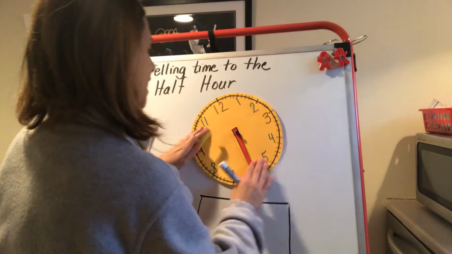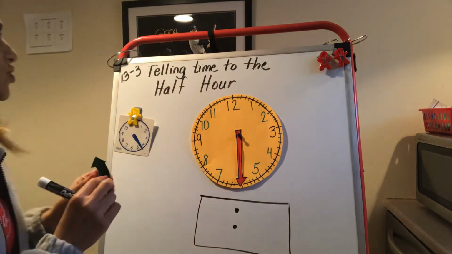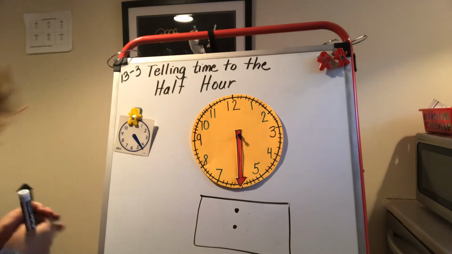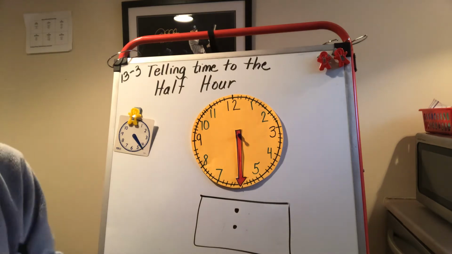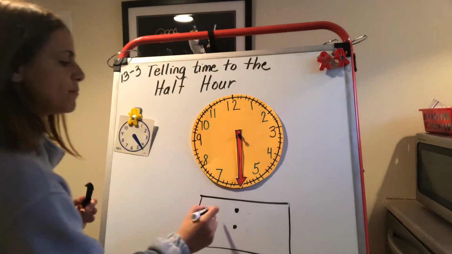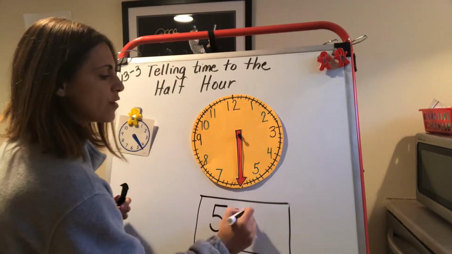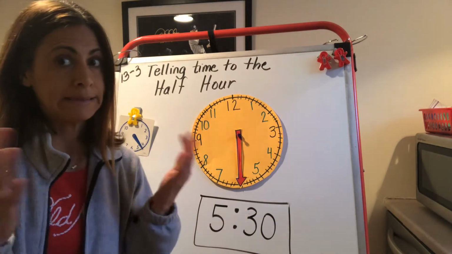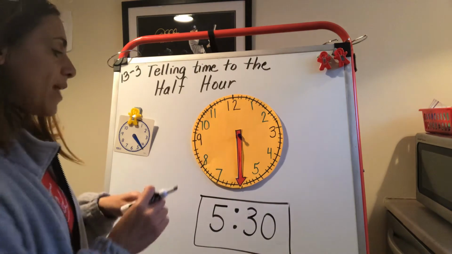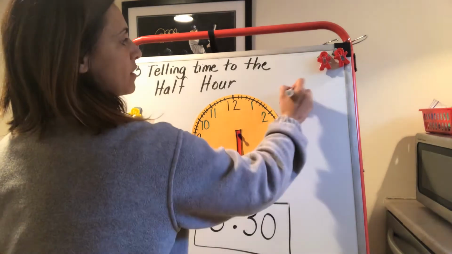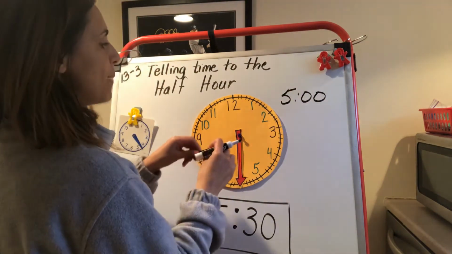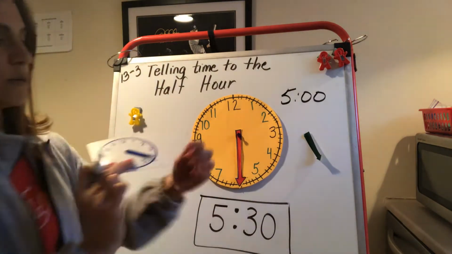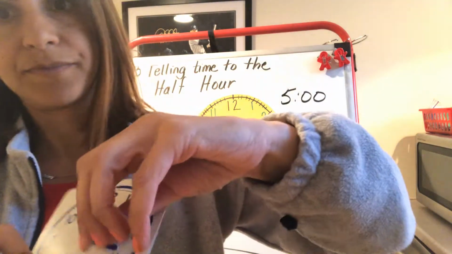Now, let's try 5:30. So I'm going to write 5:30 on my clock. How do I draw that? Okay, well, you know that the hour was 5 o'clock. Okay, so I'm going to just show you. Put this here. 5 o'clock would look like this.